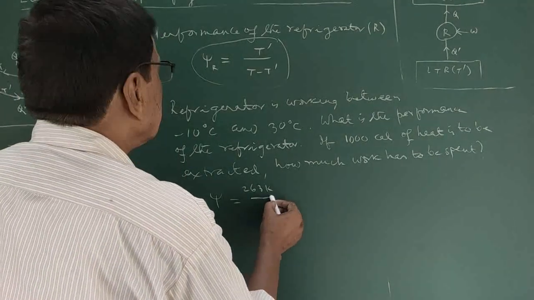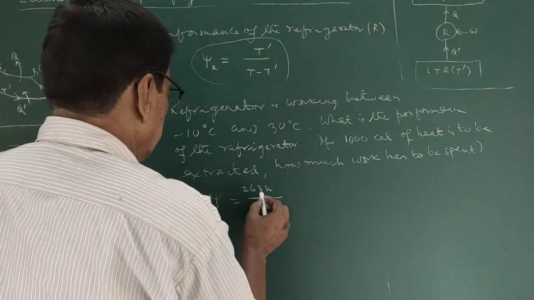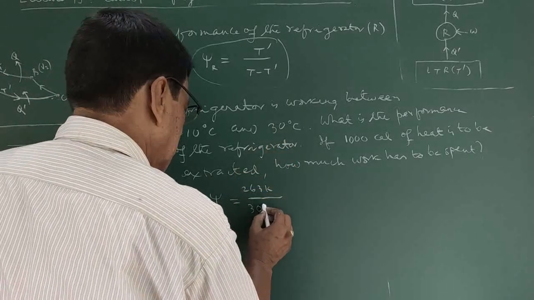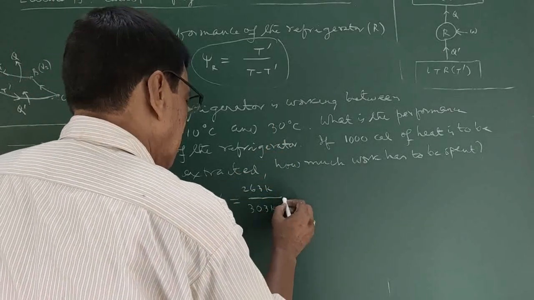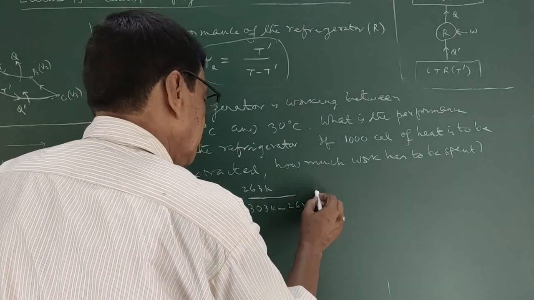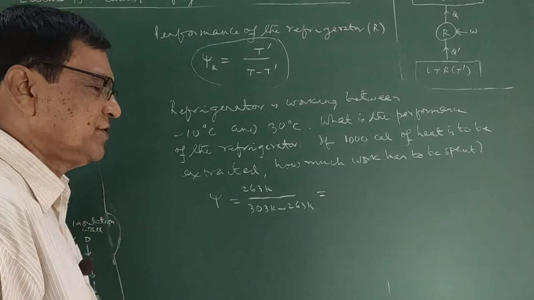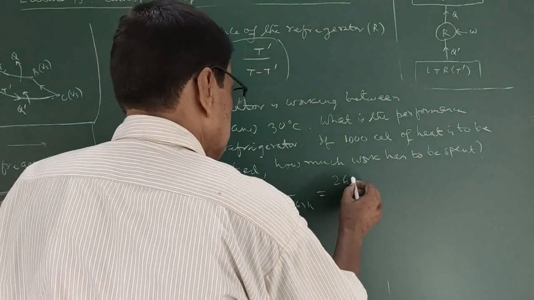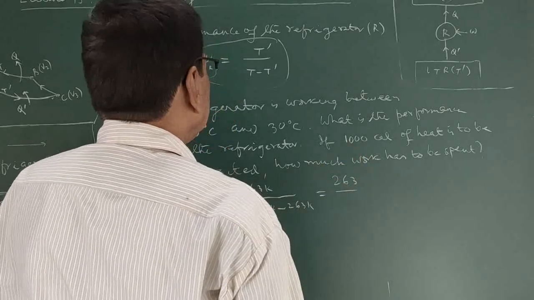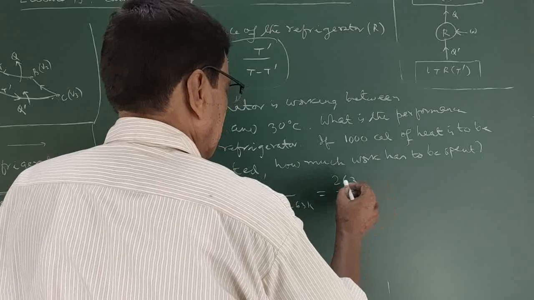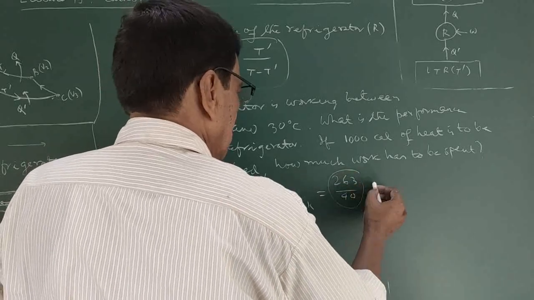And this T means 30 degrees, 303 Kelvin, minus 263 Kelvin. So this will be the efficiency. You can do it by yourself. So this one is 263 divided by 40. This is the efficiency.